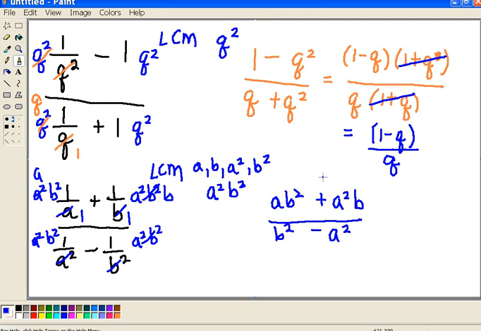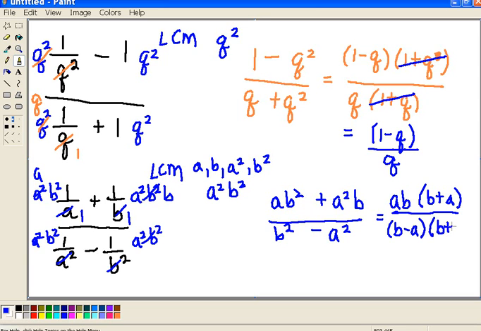And now we can see if this would simplify. I can pull an a and a b out of each term in the numerator, and that would leave me b plus a. In the denominator, I have Mr. Formula again, or in other words, a perfect square minus a perfect square, so this is going to factor into b minus a, b plus a.